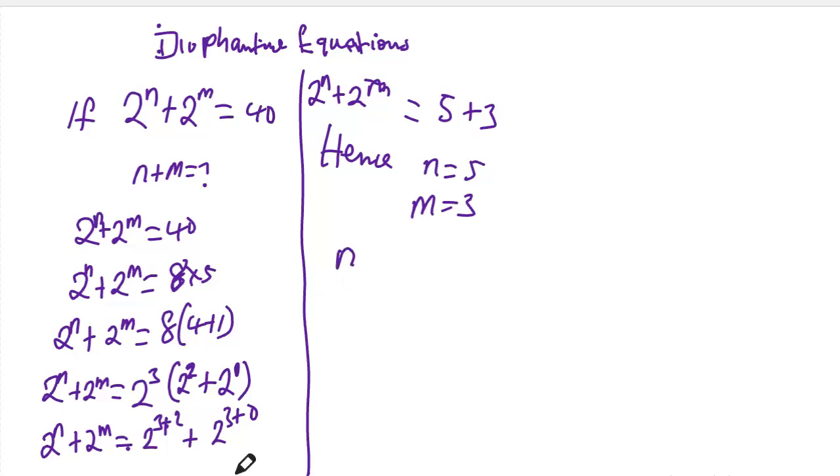So n plus m is nothing but 5 plus 3. So this gives you 8. So 8 is the solution. And this is how you solve Diophantine equations. So the Diophantine equations give you integer solutions.